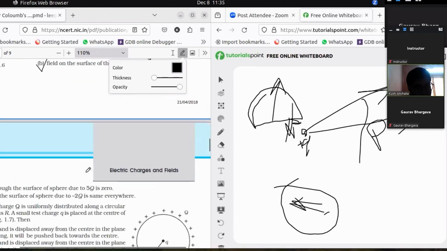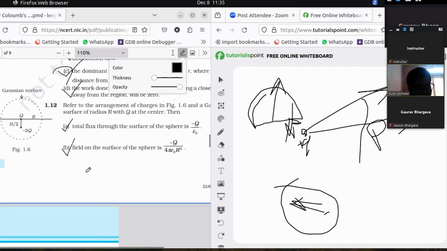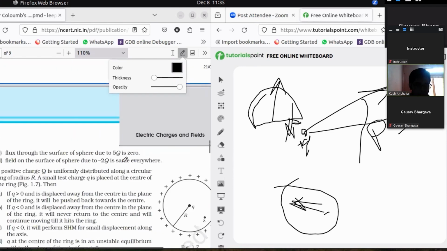The flux on the surface due to 5q is 0. Okay, 5q is there. No, we cannot say the flux through the surface of the sphere. We cannot say this. Okay, minus 2q is there. No, this one also we cannot say.